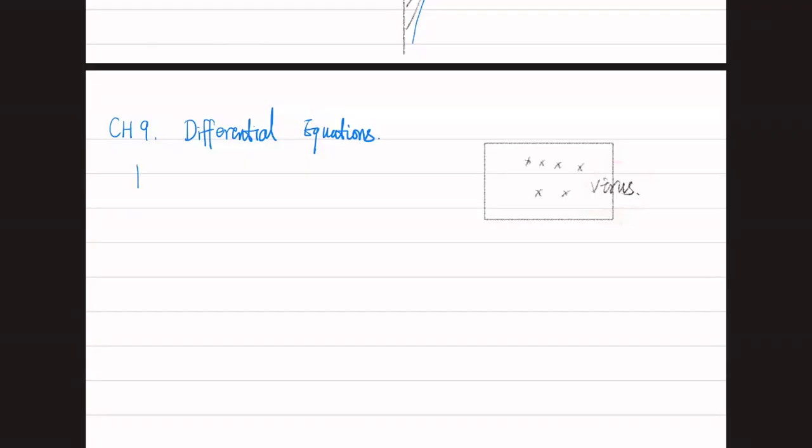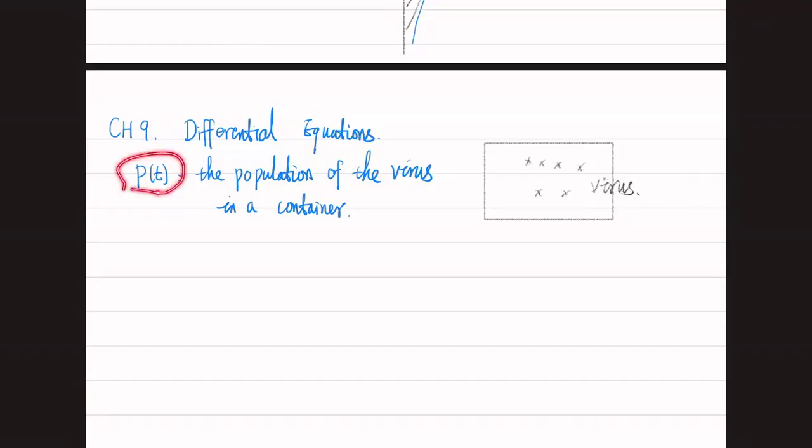So P(t) is the population. So when t changes, the population changes, and we get a function.